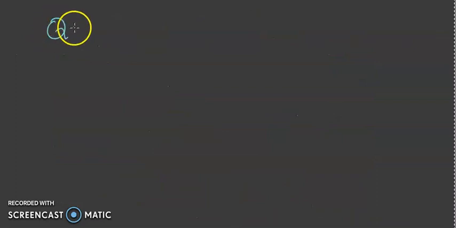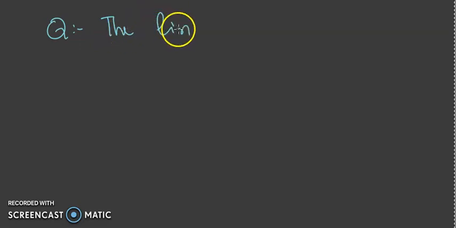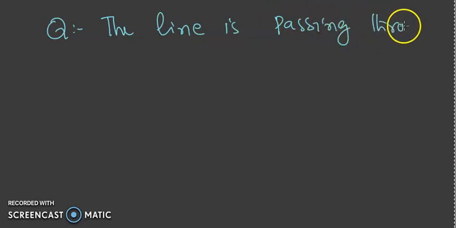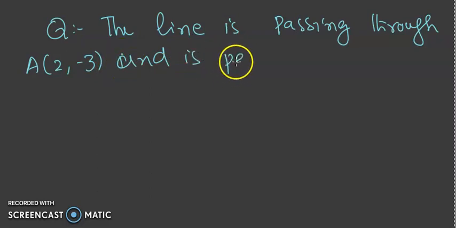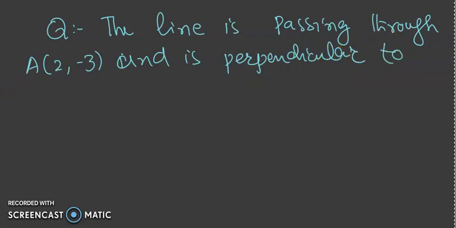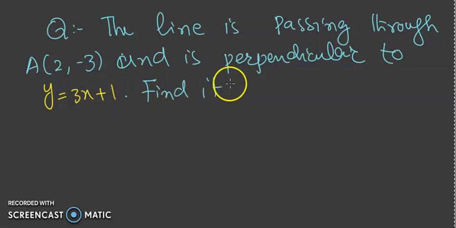Now we have a question. The line is passing through the point A, which is (2, -3), and is perpendicular to the other line, which is y equal to 3x plus 1, and we are asked to find its equation.